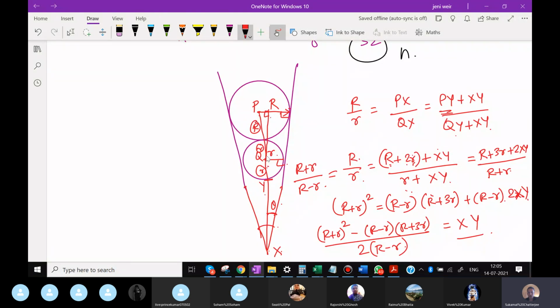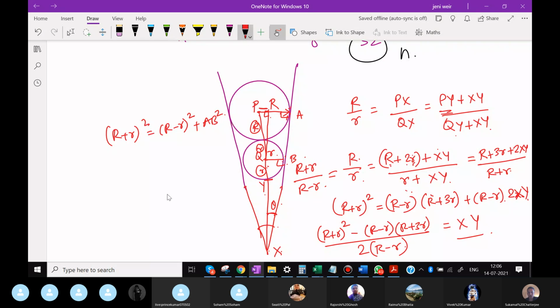So R plus r whole square will be equal to this, which is capital R minus small r whole square plus this distance, right? Which is, let's say, AB, right?